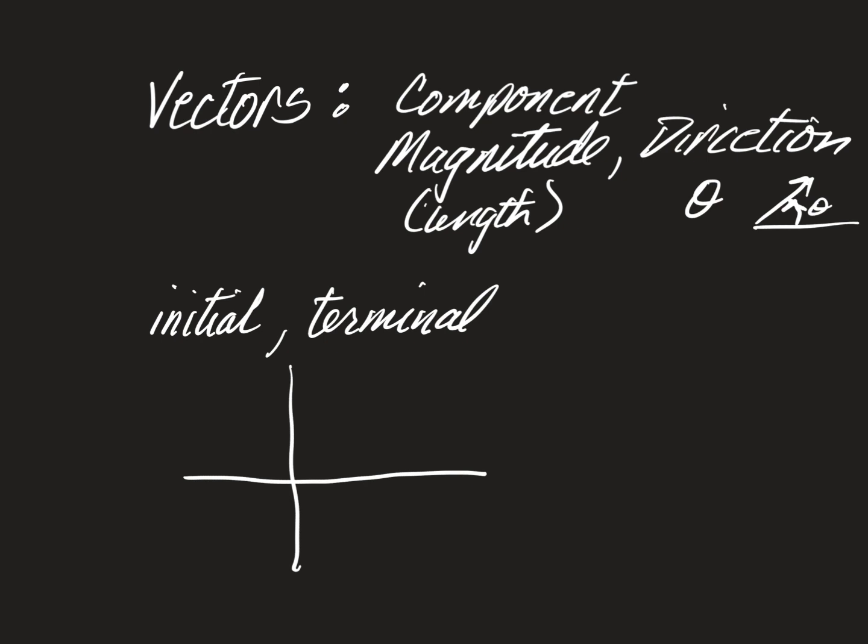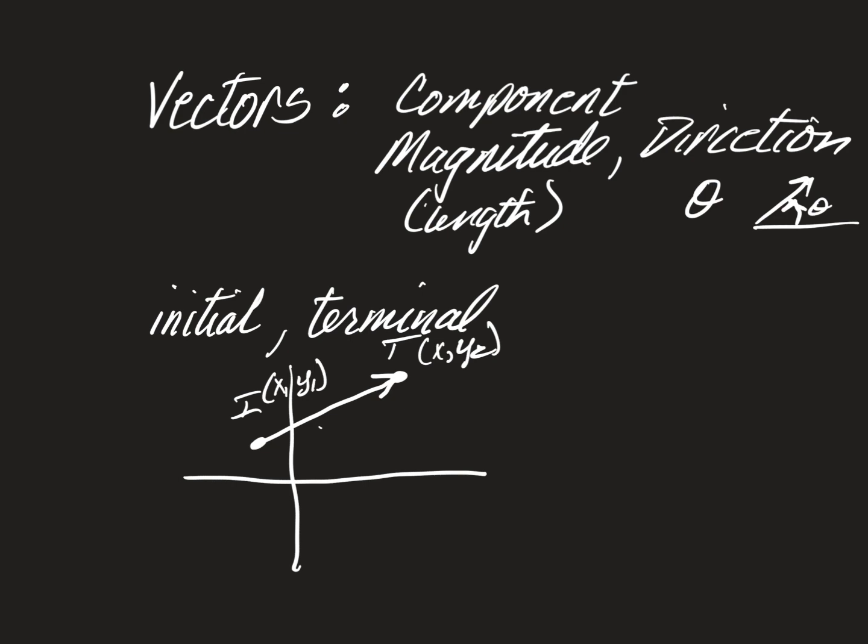But if I had an initial point and I had a terminal point, so I'll just label them I and T, and I we're going to call x1, y1, and T we'll call x2, y2. All right. And that's our vector right there, that directed line segment.